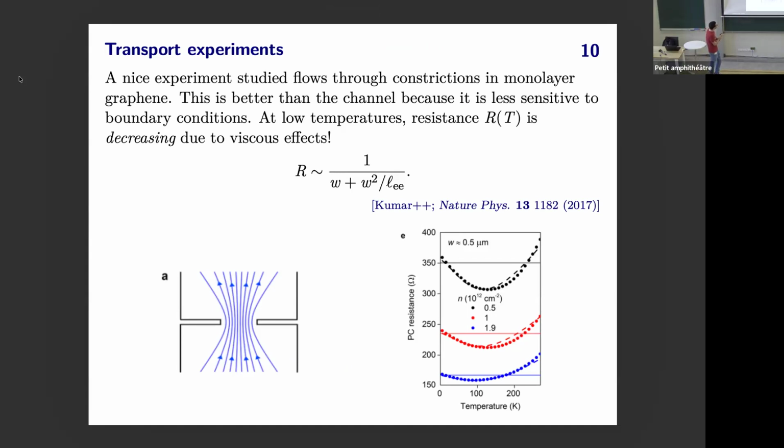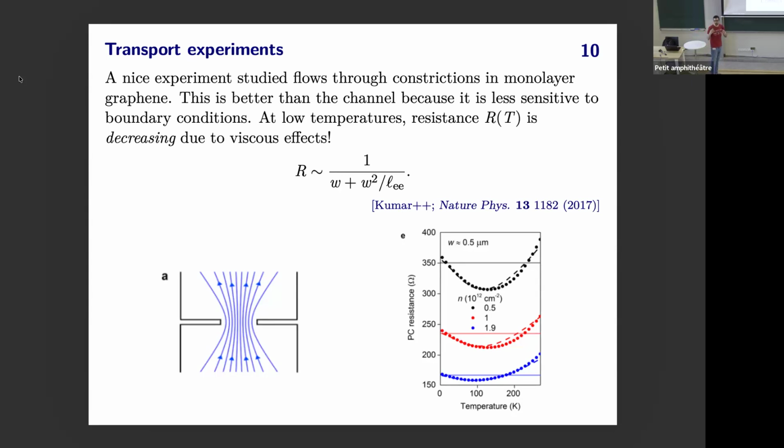So here's the first experiment that I think did a really nice job of unambiguously demonstrating the effects of interactions in transport, with at least a sign of the effect that matches our expectations from hydrodynamics. This was done in the group of Andre Geim in 2017. They basically replaced the channel in Gurzhi's thought experiment with this constriction.